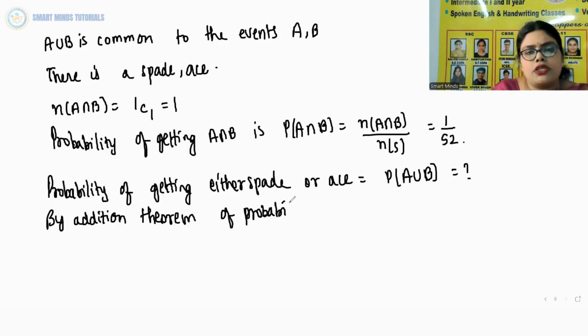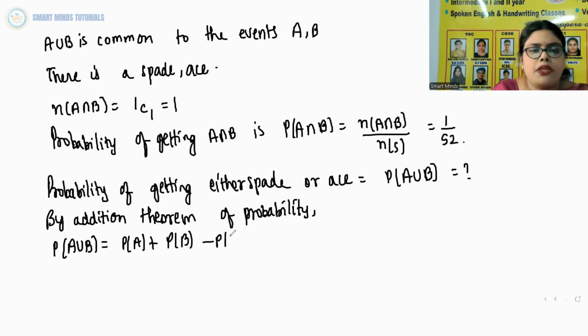So what is the addition theorem of probability? P of A union B is equal to P of A plus P of B minus P of A intersection B. So P of A is 4 by 52, P of B is 13 by 52, minus 1 by 52.